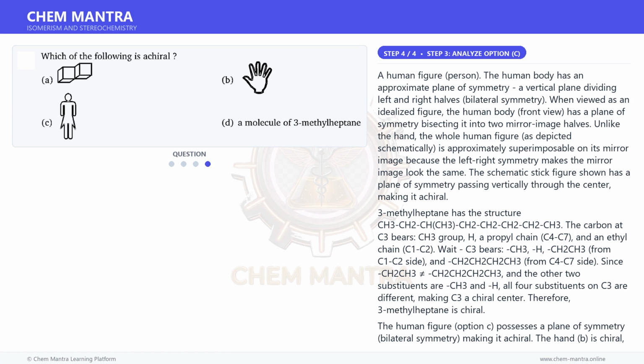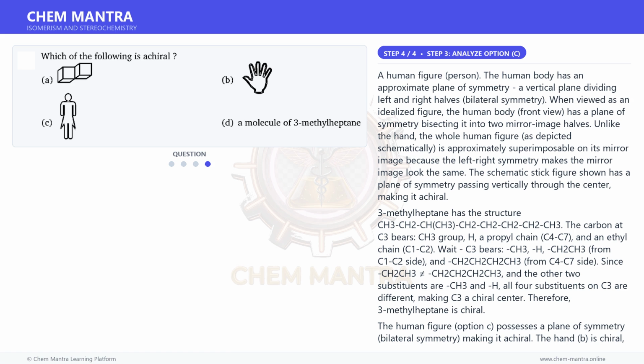C3 bears CH3, H, CH2CH3 from the C1, C2 side and CH2CH2CH2CH3 from the C4, C7 side. Since CH2CH3 is not equal to CH2CH2CH2CH3, and the other two substituents are CH3 and H, all four substituents on C3 are different, making C3 a chiral center.